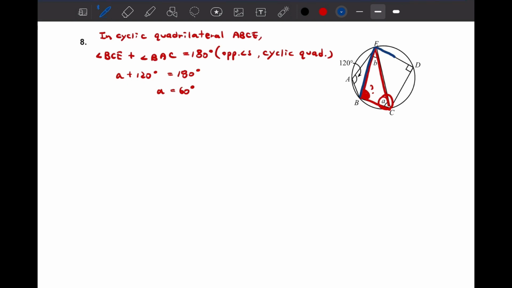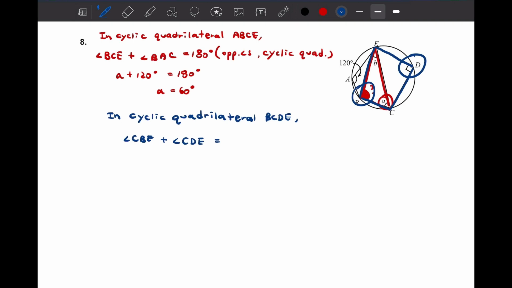So look carefully. This is a quadrilateral and it is inside a circle, so this is a cyclic quadrilateral. So this angle here is going to add up with this one to give you 180. So in the cyclic quadrilateral BCDE, we know that angle CBE adding this angle CDE equals 180, using your opposite angles in a cyclic quadrilateral.